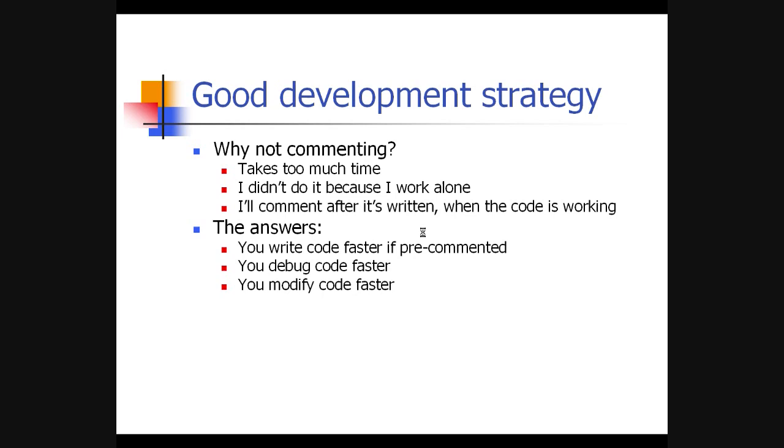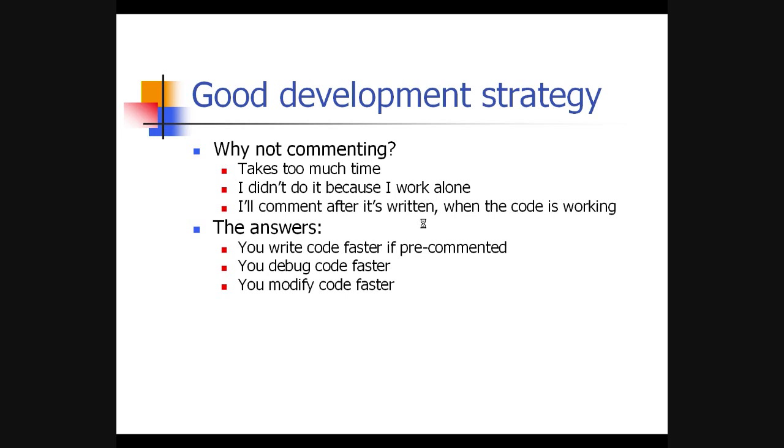Then also you modify your code faster. It's very rare in an application life that you're not going to come back at some point on some code that you wrote months or years ago and modify it. You're going to add a new functionality. You're going to change the way it's working. You're going to add this small little thing that the user wants.